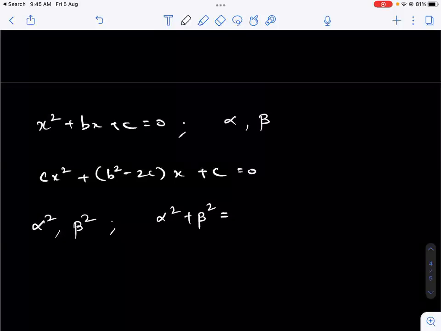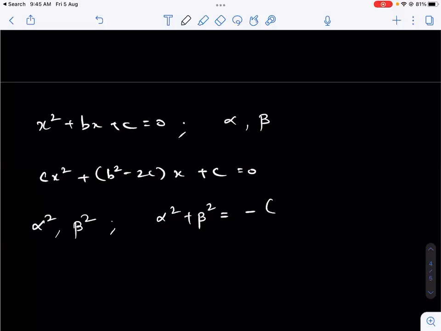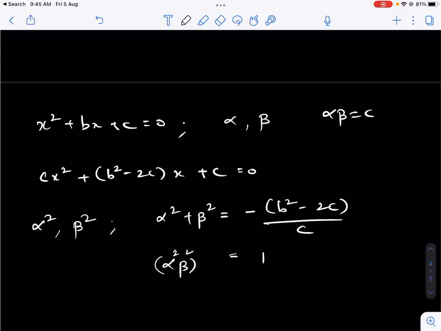See, first option is alpha minus of b square minus 2c by 1 by c. And alpha square beta square should have been, that is 1. But here alpha beta is c and alpha plus beta is d.